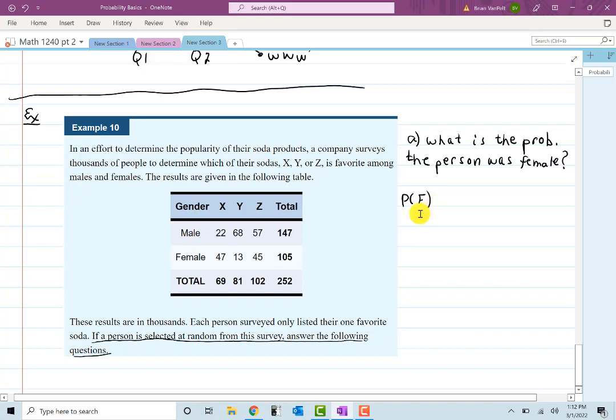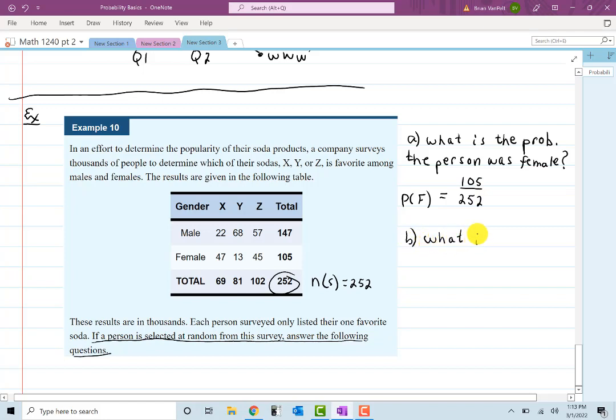The total number of females is 105, so the size of the event is 105. The total number of people, the size of the sample space, is N of S equals 252. So that goes down there. You can leave it like that. I wouldn't even bother simplifying it.